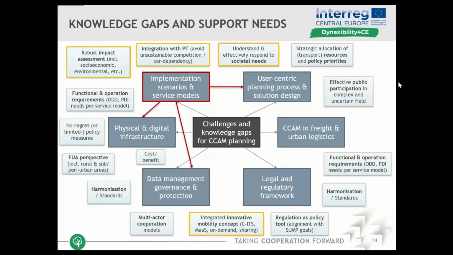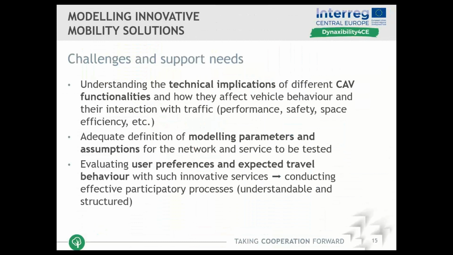So some of the main challenges and support needs around how to perform this modeling of automated mobility was understanding what the technical implications of each of the different functionalities of automated vehicles are, and how they can affect vehicle behavior, and how their interaction can also affect traffic flow or the demand performance, for instance, how travel performance, safety, space efficiency would be changed by this.